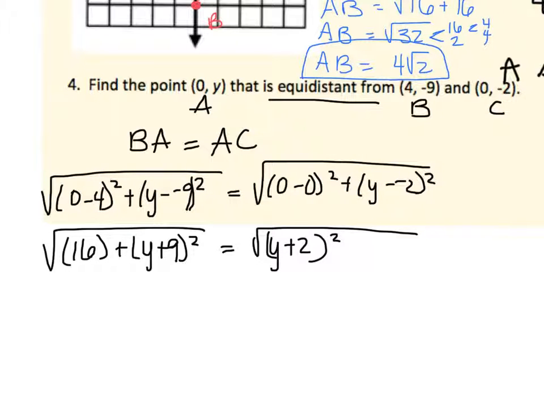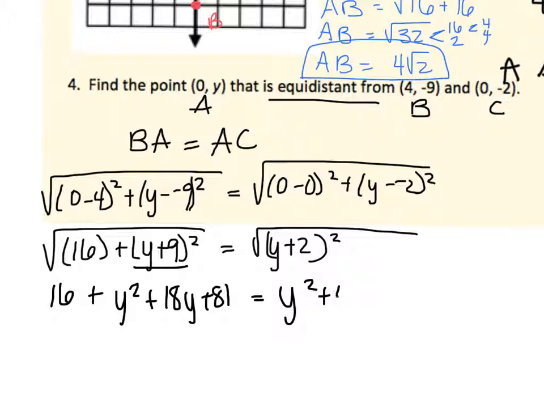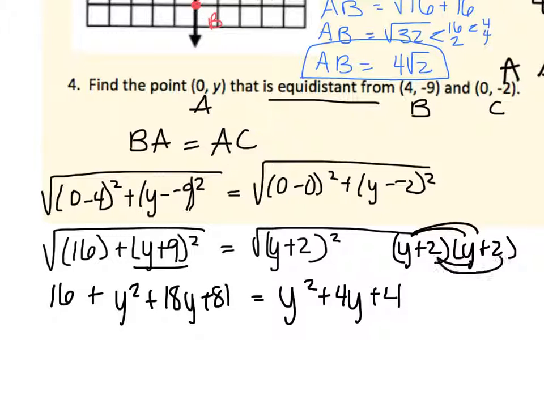Now if you have two things within a square root, the square roots are going to cancel each other out. So it'll be 16 plus, I'm going to go ahead and multiply this out, y squared plus 18y plus 81 equals y squared plus 4y plus 4. Remember, (y plus 2) squared means y plus 2 times y plus 2, so you need to do the double distribution, or the box, or FOIL, however you would distribute that.